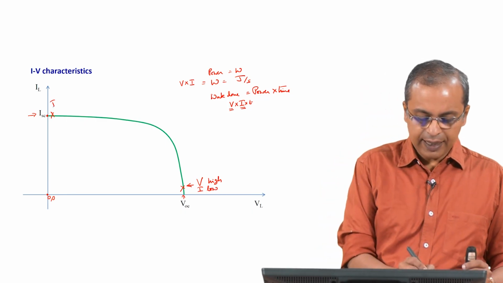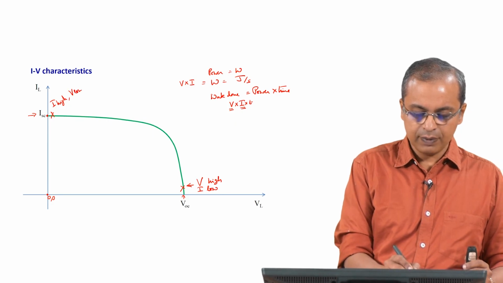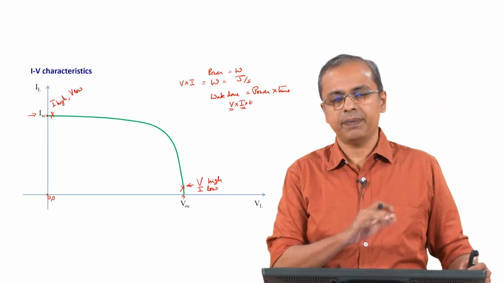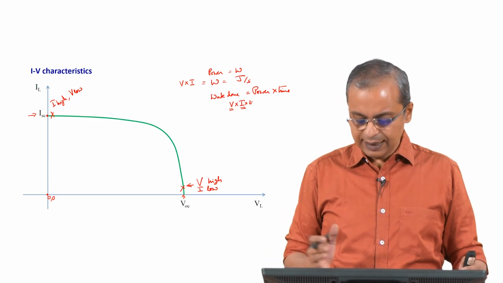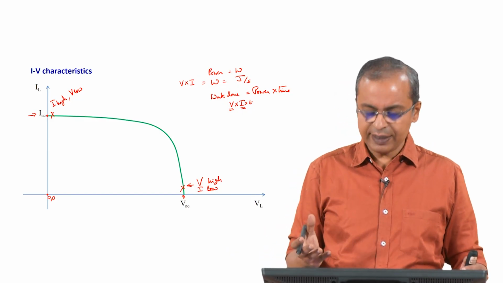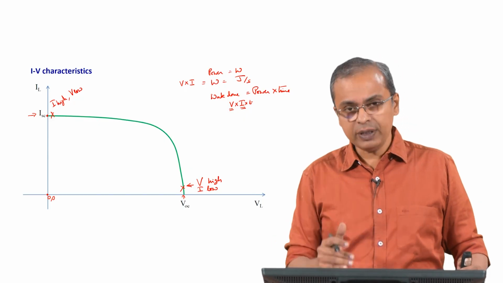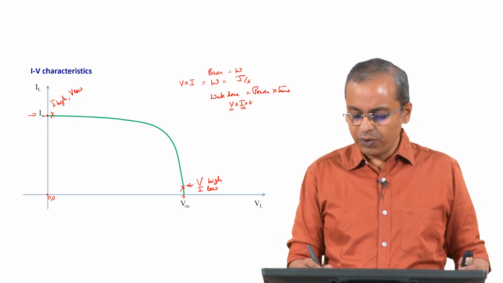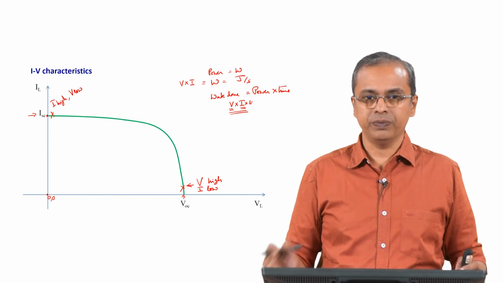Here I is high, V is low. With the same cell, I can select multiple operating points; I am just giving you two examples. In one case voltage is high and current is low, in the other current is high and voltage is low. In both cases, the work that I am going to do is less than the maximum amount of work that this unit can do.